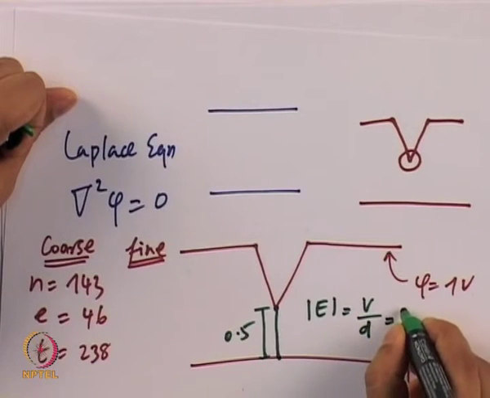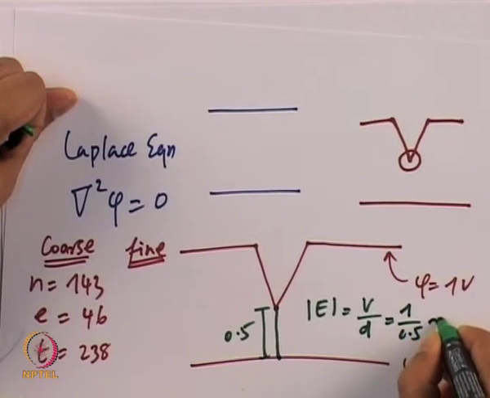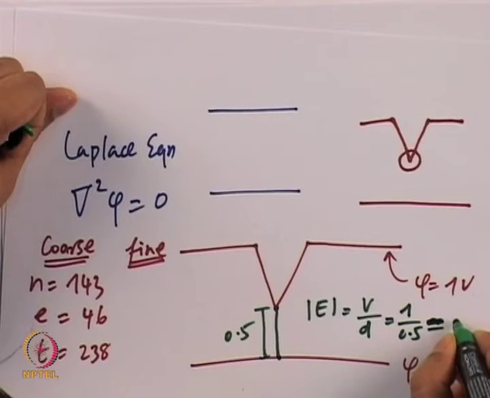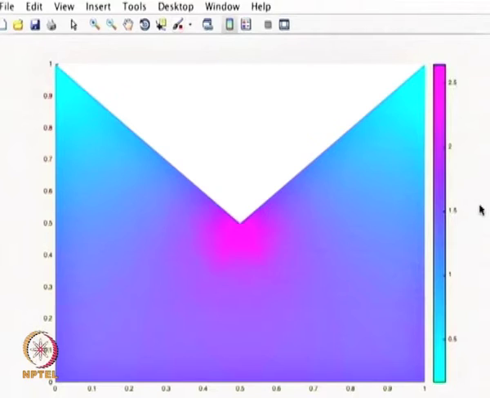So the voltage difference is 1 and the distance is 0.5. So we should have a value which is in the range of 2 volt. Let us look at the result itself. What you see is it is definitely more than 2 volt. It is in the range of 2.5 volt or maybe even more.